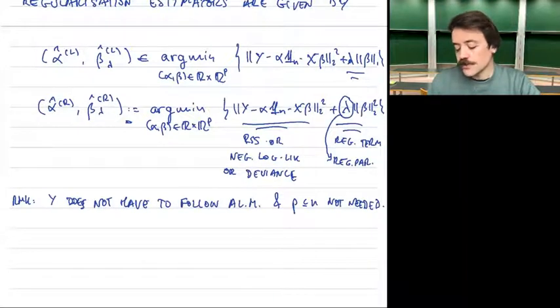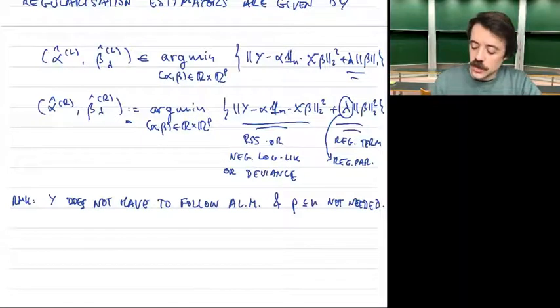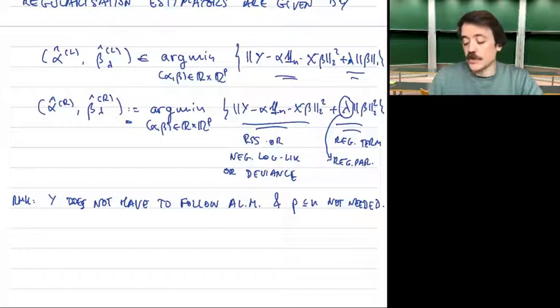The situation for lasso is a bit different, because we have this convex residual sum of squares, and then we add something that is convex but not strictly convex. And it turns out that this is not always sufficient to get existence and uniqueness. But in most practically relevant situations you will have existence and uniqueness.